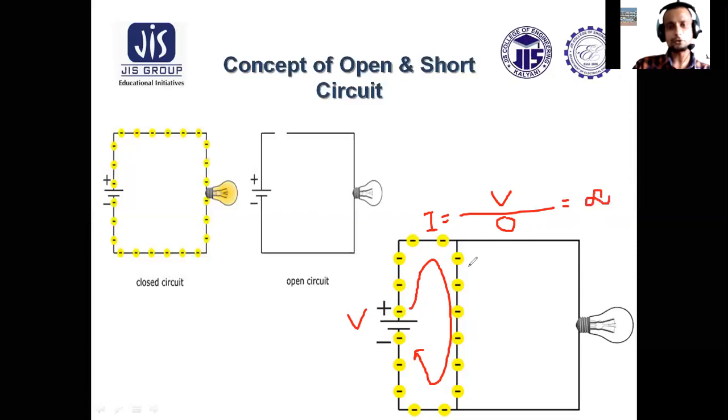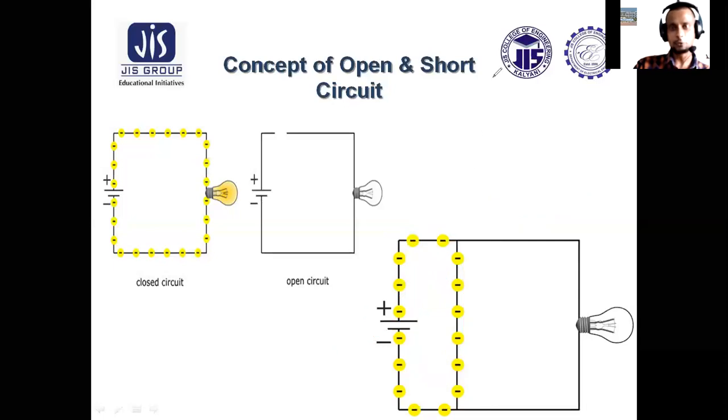Infinite current means a very huge amount of current. So during a short circuit, a very huge amount of current flows through the circuit, which may cause damage to the circuit. Everything has its own tolerance. So if very huge current flows through the wire, a huge heat loss will take place and the wire may get damaged or the supply may get damaged. That is why it is recommended to protect circuits from short circuit.